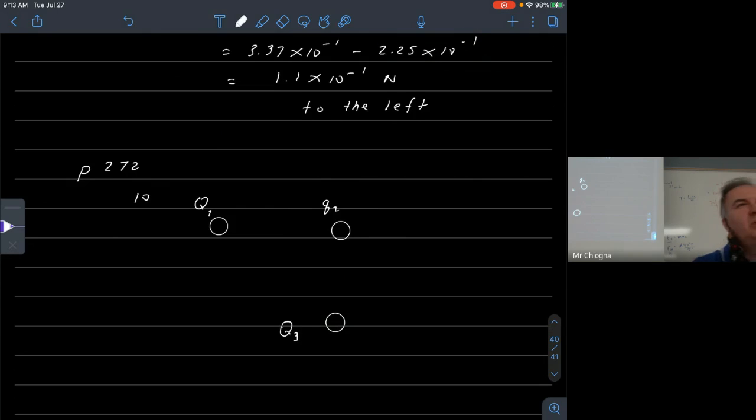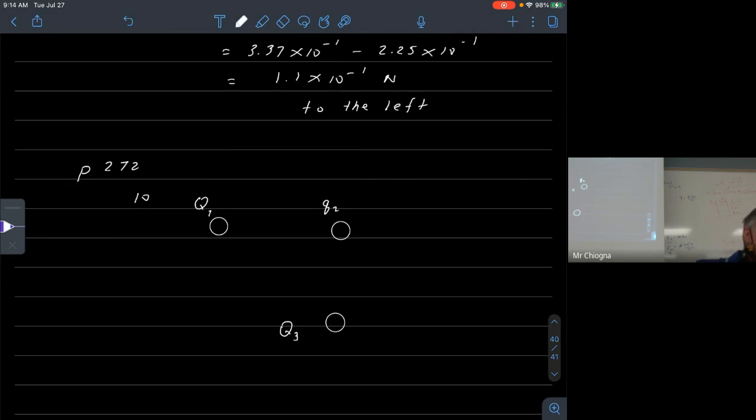Capital if it's the source, lowercase if it's the charge that is acted on. I'm trying to distinguish what's doing the acting and what's being acted on. Q2 is being acted on. That's why I made it lowercase.